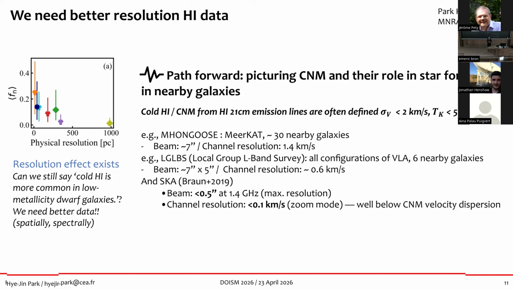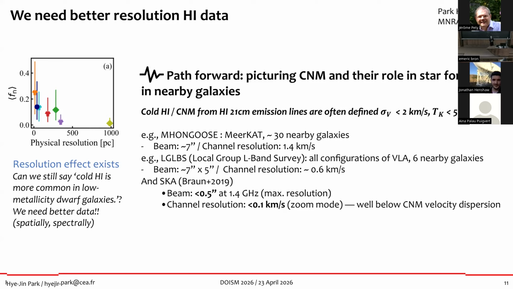So the path forward for this sort of study will be to have good data from the MONGOOSE survey from the MeerKAT telescope. They have already scanned 30 nearby galaxies and have a much better channel resolution than the data set we have. And LGLBS, which used all configurations of the VLA for 6 nearby galaxies, also has a very good channel resolution.